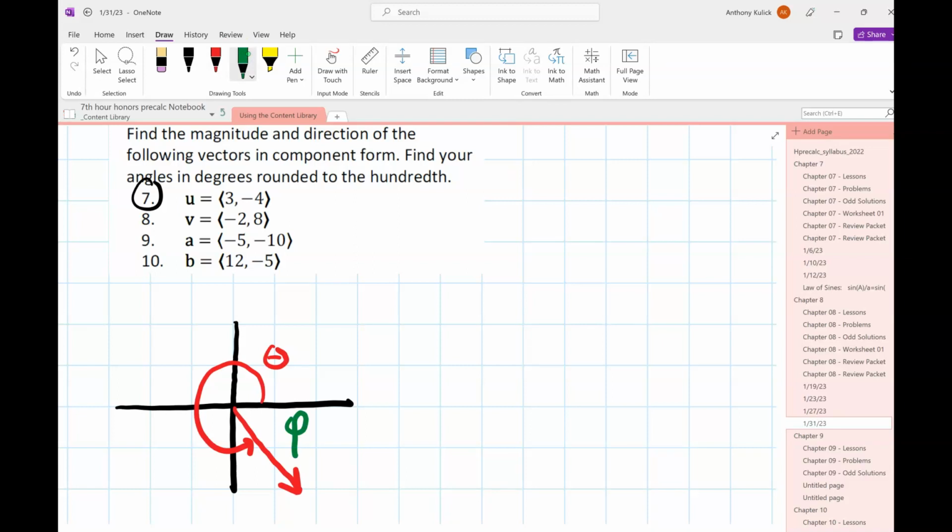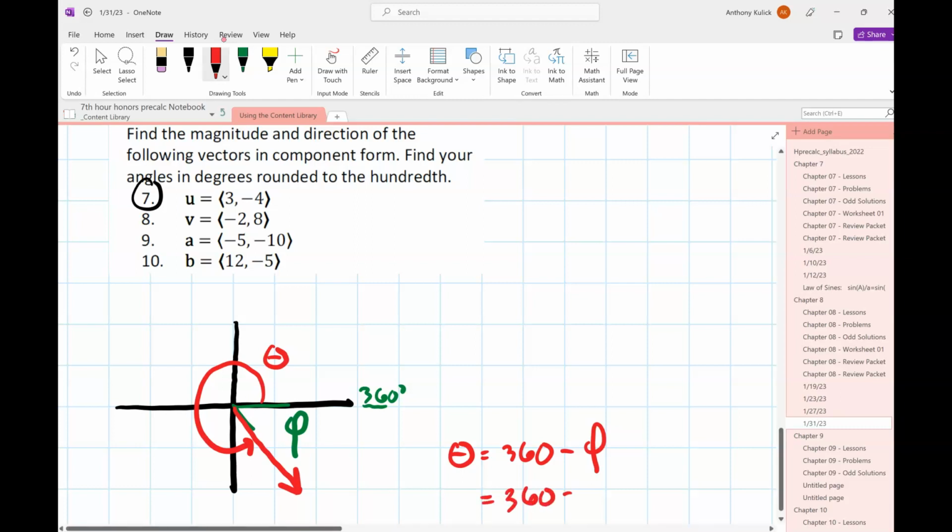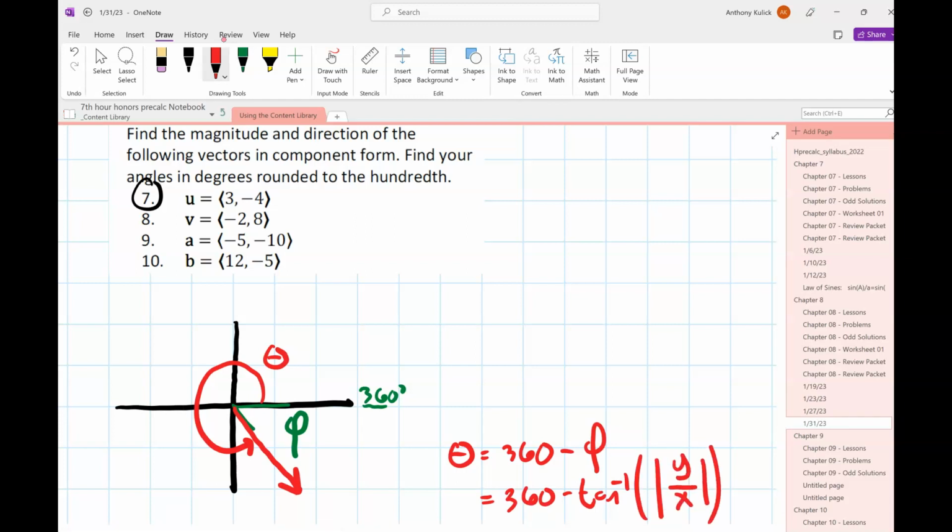The piece of the horizontal x-axis that forms part of my angle phi is this end here, which is 360. So theta is going to be 360 minus phi, because we haven't quite gotten there yet with my arrow. And we always calculate phi by doing the tangent inverse of the absolute value of the y component over the x component.